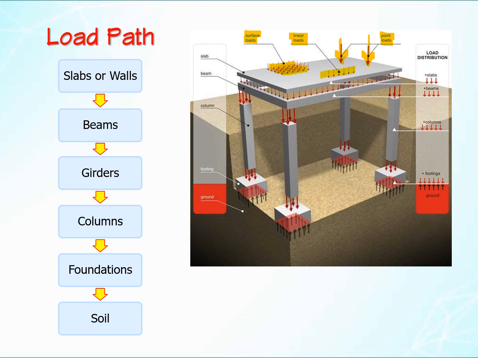The load is transferred to the beam or girder as a line load. And then they are transferred through column as concentrate load or as a point load, and then footing or foundation to the ground.